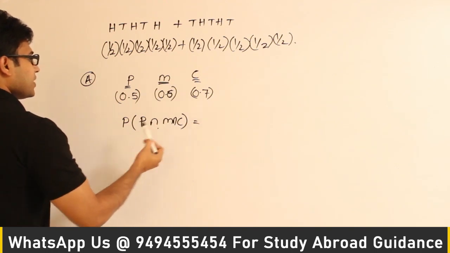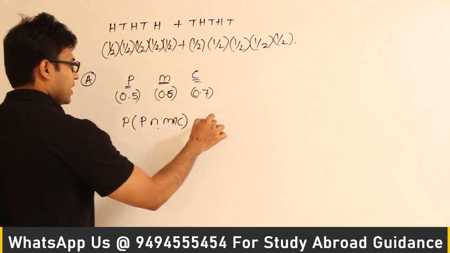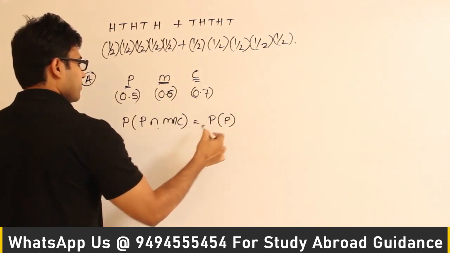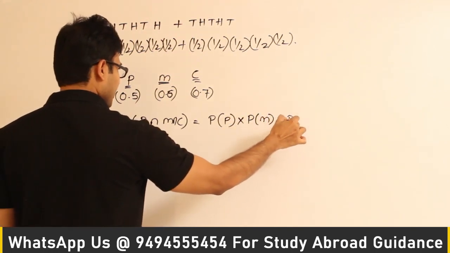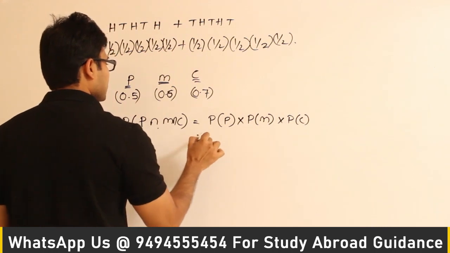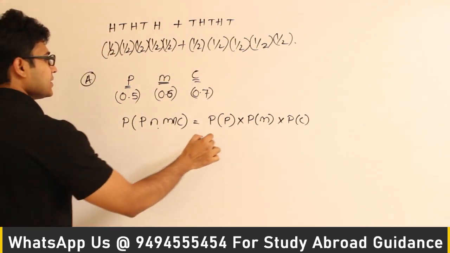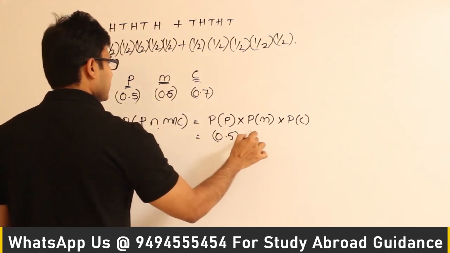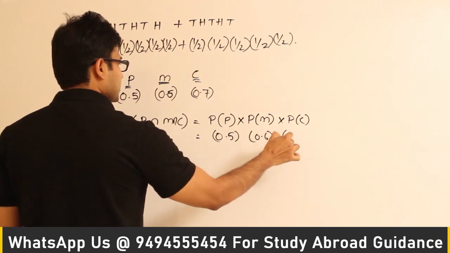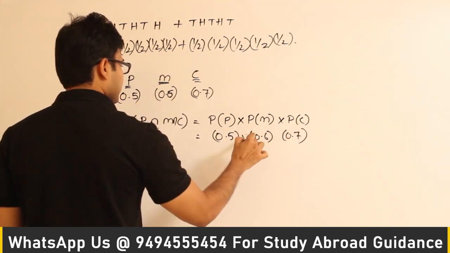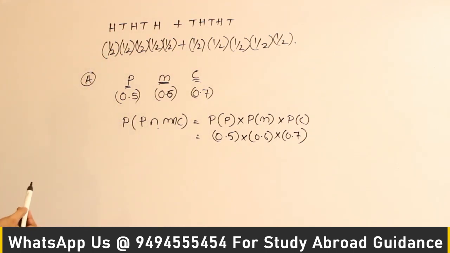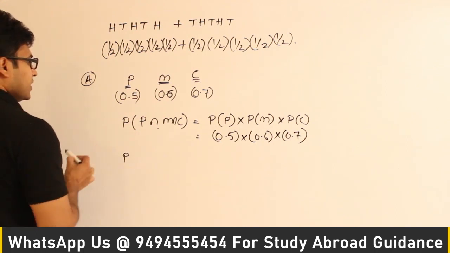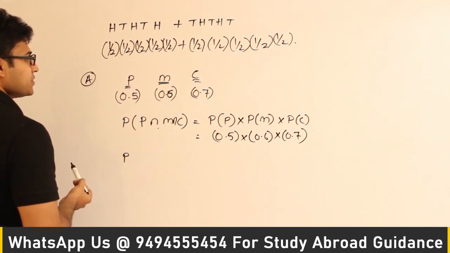Since they are independent events, we can directly write it as the probability that he passes physics times the probability that he passes mathematics times the probability that he passes chemistry. Now what is it? It is equal to 0.5 times 0.6 times 0.7. Got it?